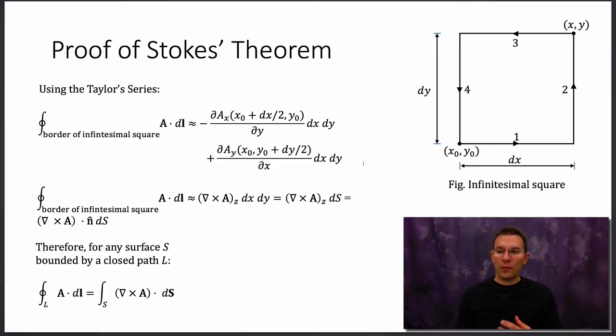What the curl of a vector at a particular point is telling you is how much the vector field circulates around that point, for a very small contour around the point. So the curl literally is a measure of how much the vector circulates around a particular point. That's what the curl is telling you.